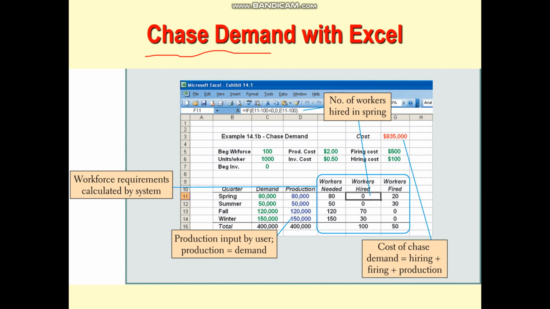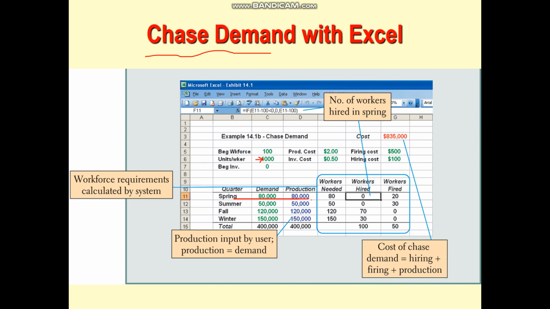So here, for the production, for example D11 will equal C11. The production quantity is always equal to the input demand. Okay, and the number of workers needed is equal to the production quantity divided by the quantity one worker can produce. So here E11 will equal D11 divided by C6.